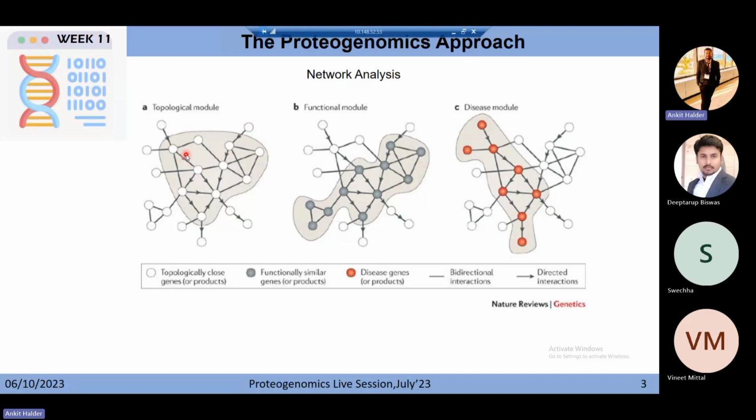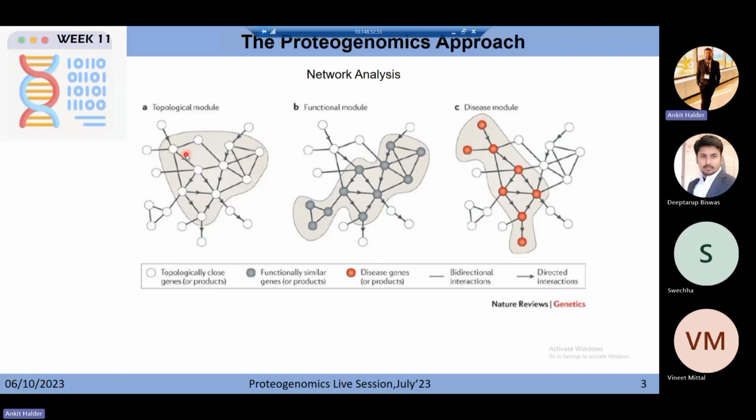So all these are directional, because mostly in our body it works in a unidirectional or sometimes bidirectional way, but mostly unidirectional, where a particular gene is affecting another gene at the downstream process and meanwhile gets affected.